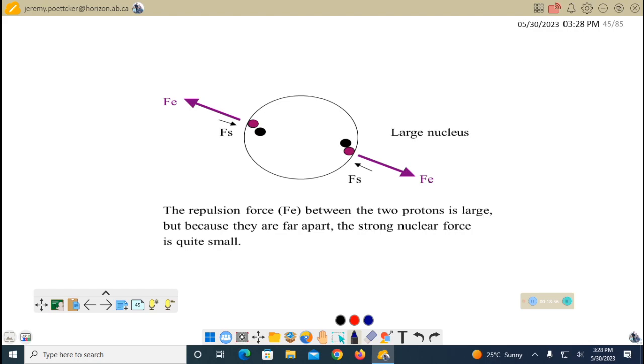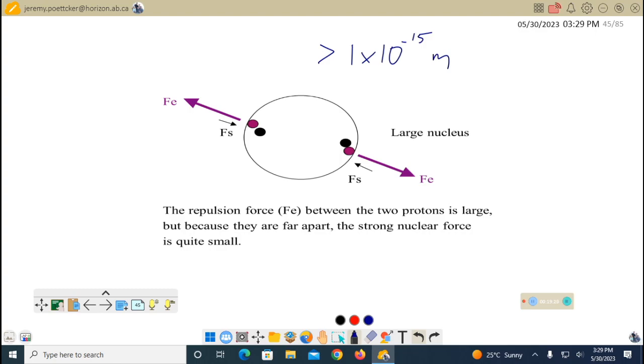The strong force is attracting them together, but they're far apart. Well, far apart in the nuclear sense. They are greater than 1 times 10 to the negative 15 meters apart. And so going back to that original graph of strong force and radius, it's not pulling them together all that well.